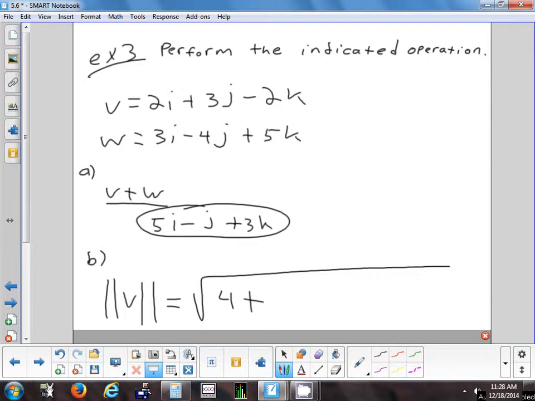Paige, if I square my j component, 9. And lastly, square the k component, Brandon, 4 again. Let's add that up. 4 and 4 gives me 8. 8 and 9 gives me 17. And that's it. That's the length of that vector. Square root 17.